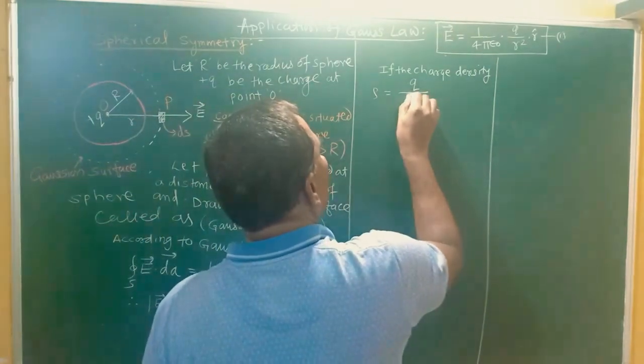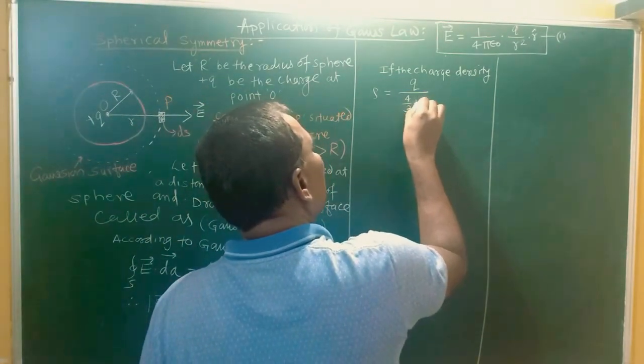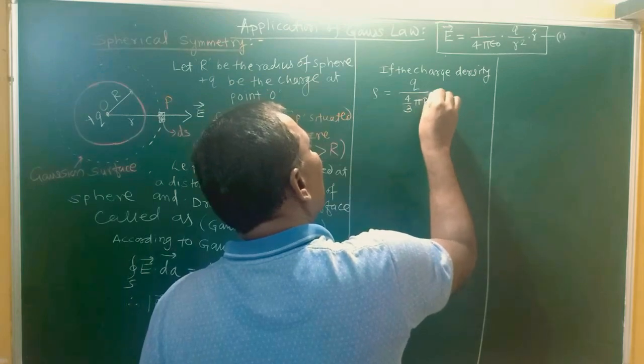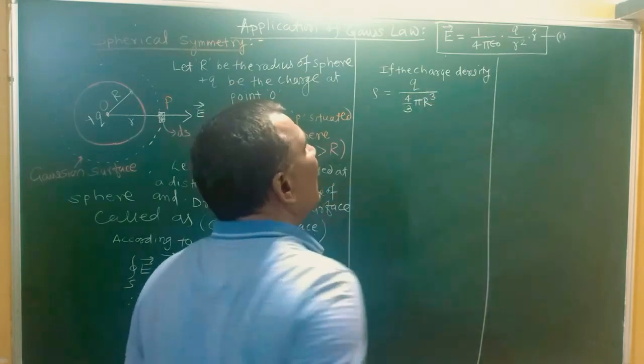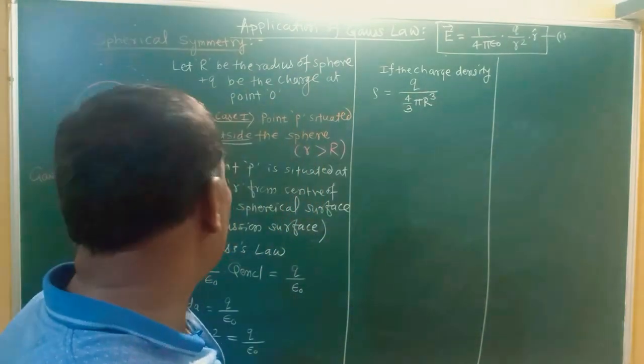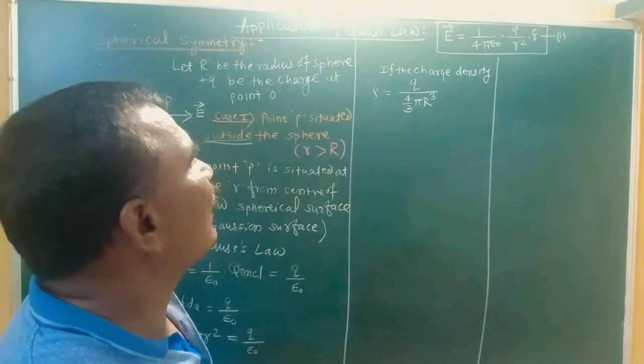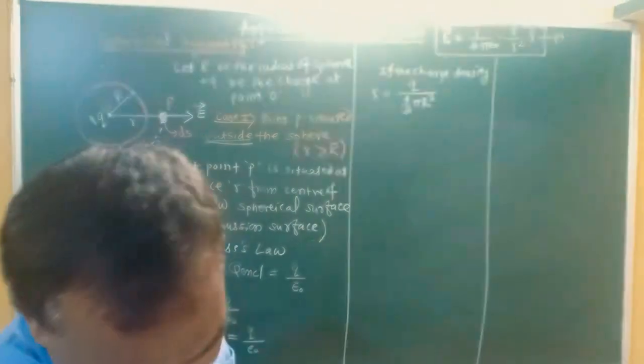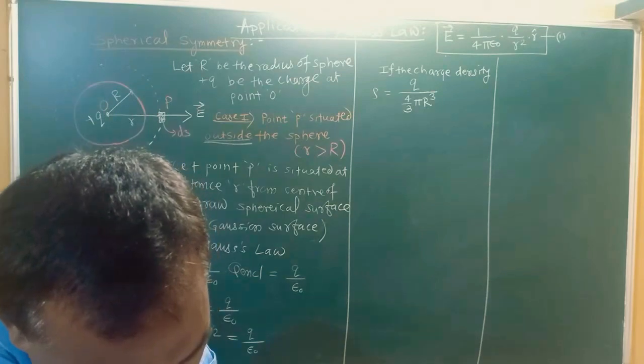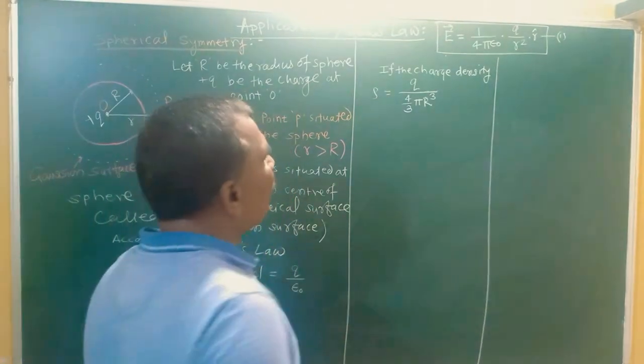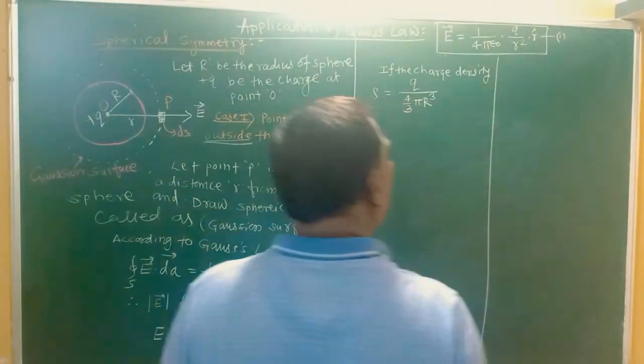The charge density always remains constant over the whole sphere, and this can be put in equation number 1.